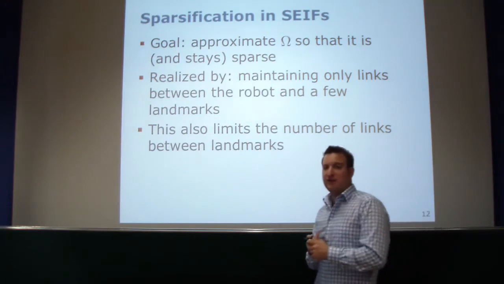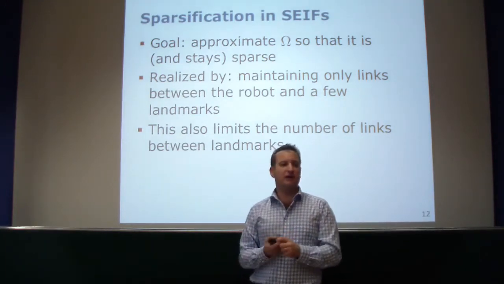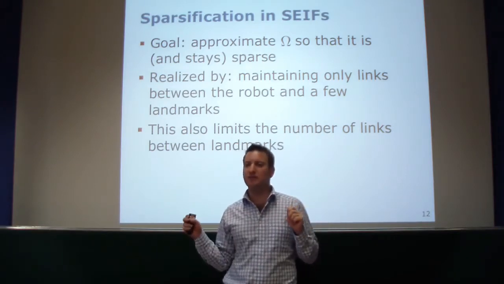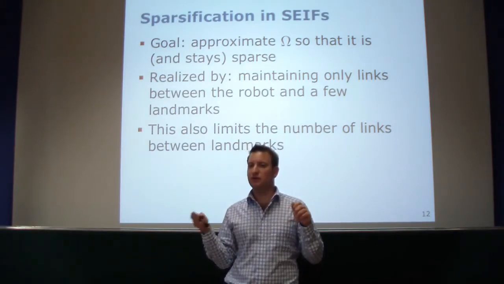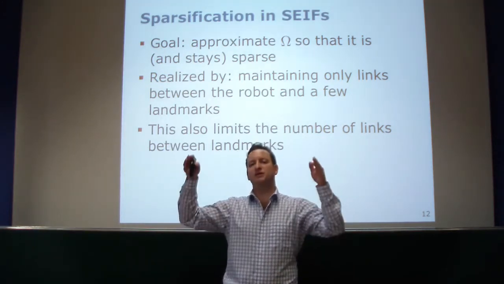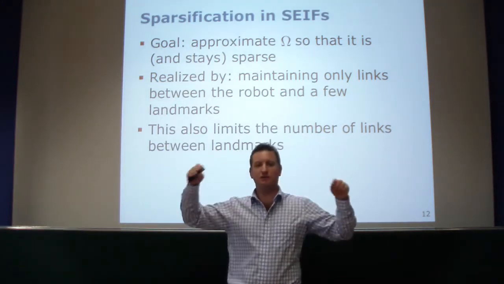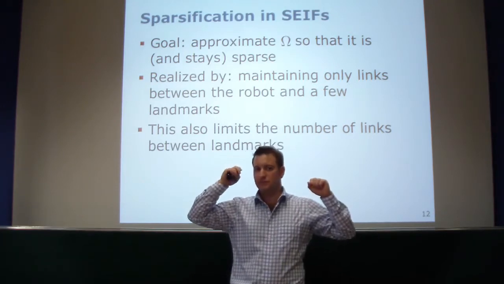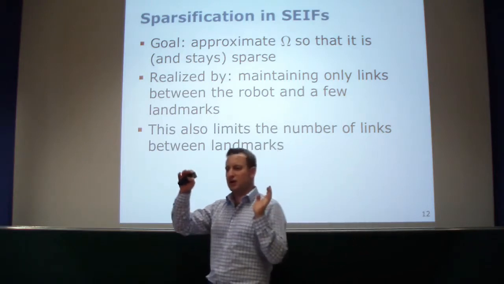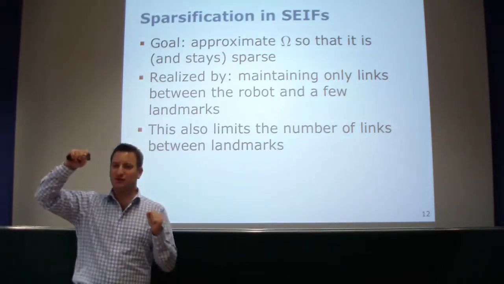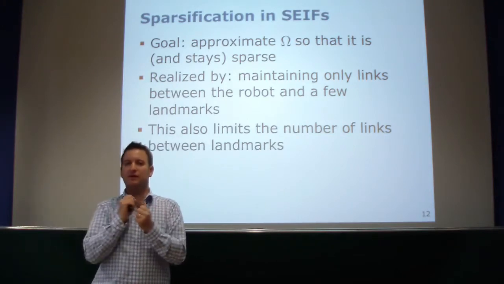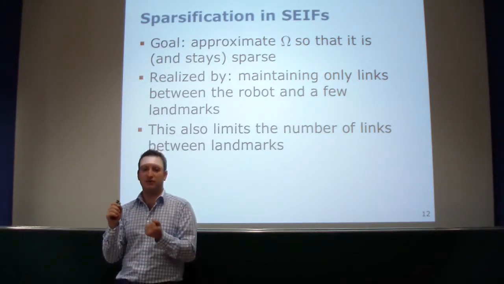And sparsity here means that we have only a constant number of off-diagonal non-zero elements in this information matrix. So I don't care how large my matrix is, I have just a finite number of non-zero off-diagonal elements. So there should be only a small number of variables which are directly connected with each other, which have a link between each other. So the number of links a variable has with others should be limited.